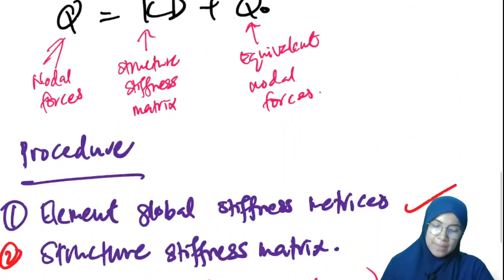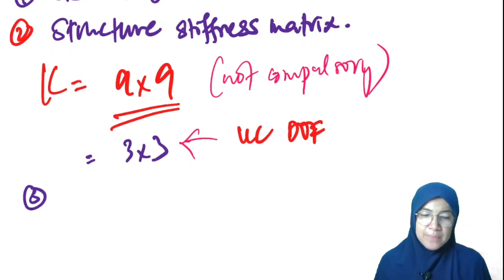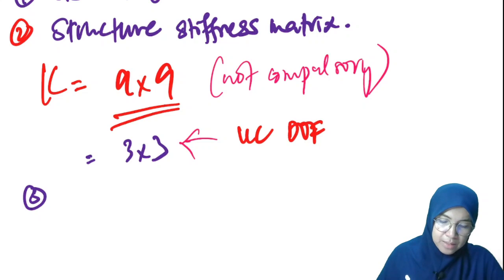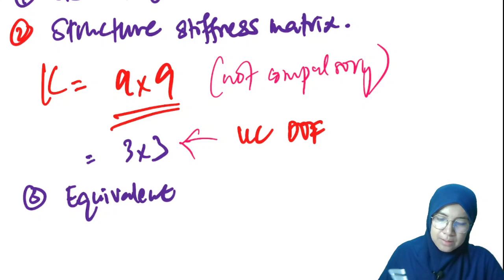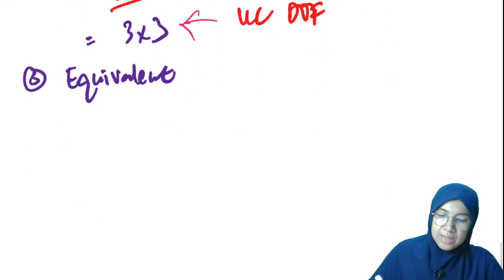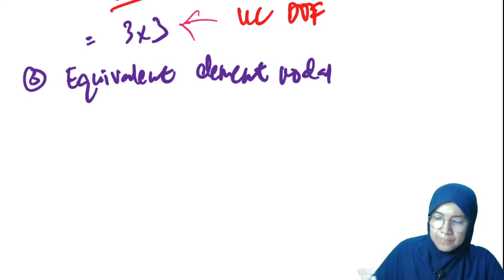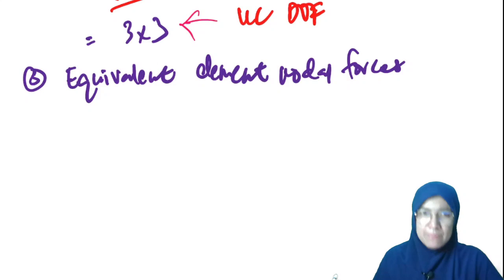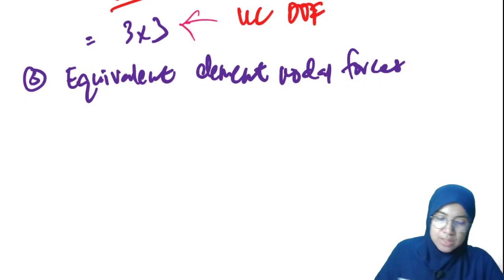So what is important to analyze the unknown displacement for this frame is that we have to establish the equivalent element nodal forces. This is just like the step to analyze beam forces.